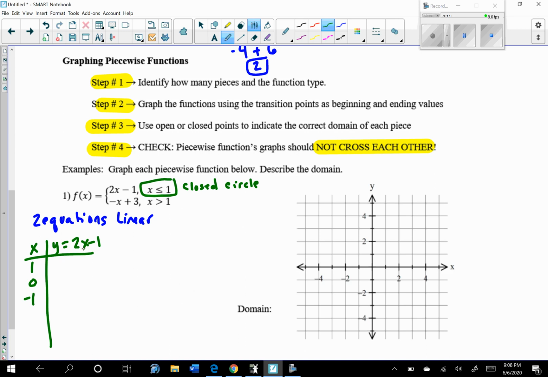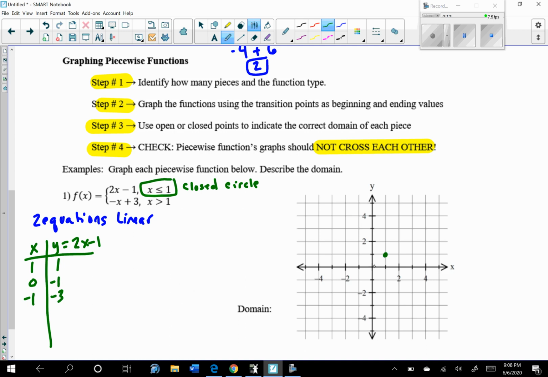If I plug 1 into the top equation for x, I get 2 times 1 minus 1, so 2 minus 1 is 1. If I plug in 0, 2 times 0, 0 minus 1 gives us -1. If I plug in -1, 2 times -1 is -2, minus 1 is -3. On my graph, I start at my domain restriction, an x value of 1, where I have a y value of 1. It's a closed circle.